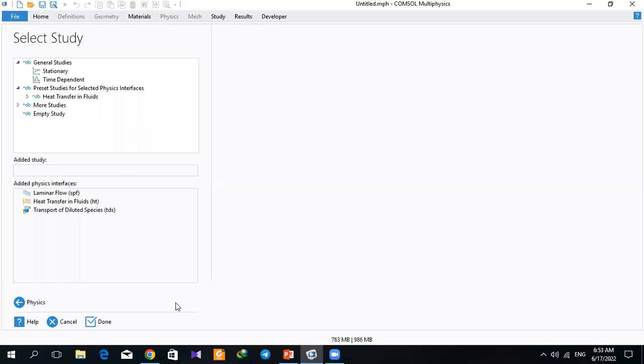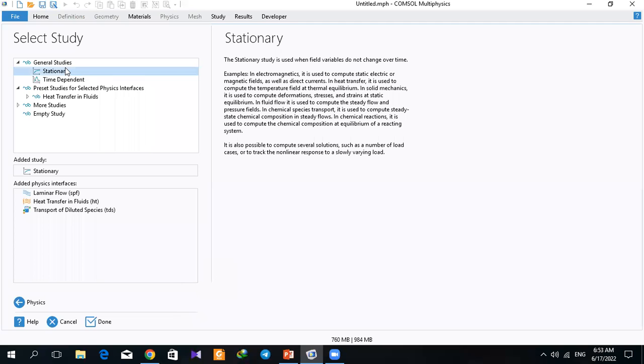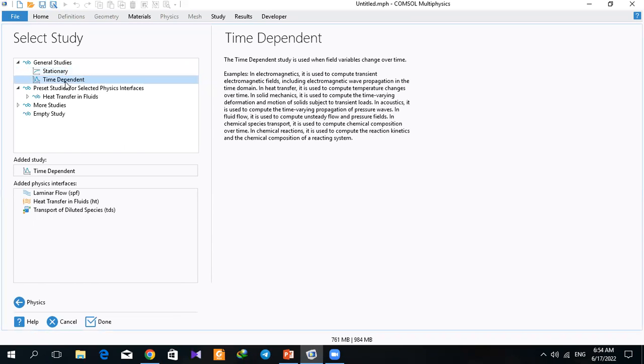Another thing is how I want to simulate my system. It can be either stationary or time dependent. Stationary means your dependent variables are not going to change with time, but for time dependent, you will have the variable of time, and you can see what is happening by time.